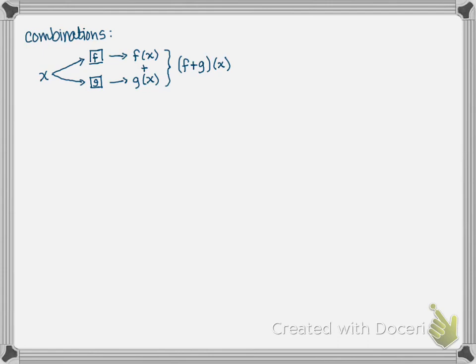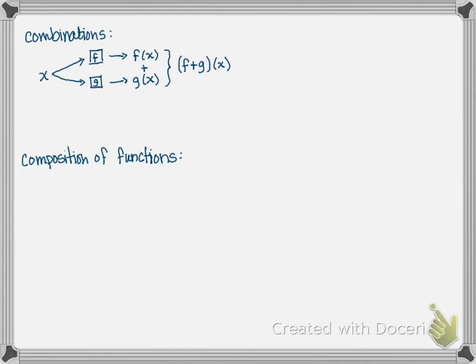Today we are talking about compositions. When we take the composition of two functions, again, we have two different functions, but instead of evaluating them individually and then doing something with the two outputs that we get, we're evaluating them consecutively.